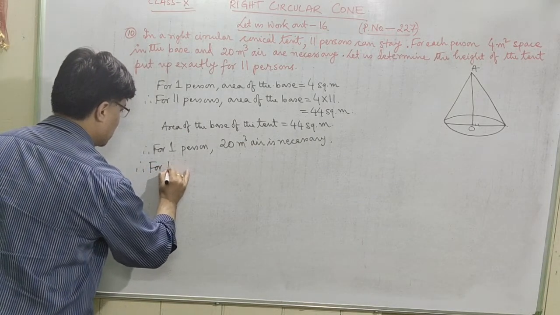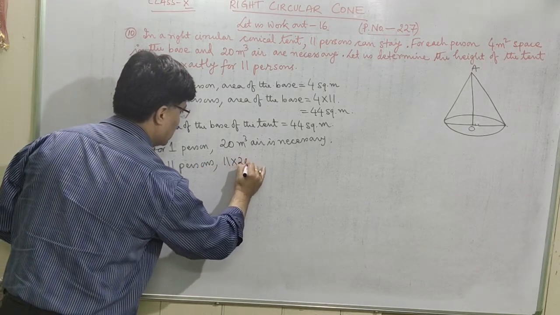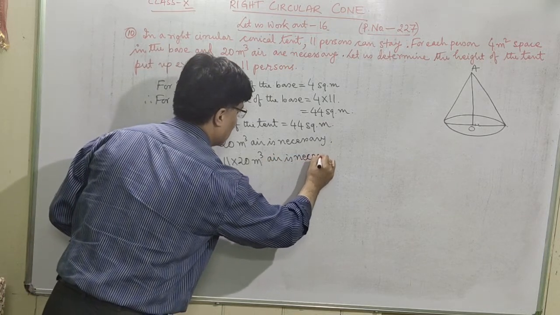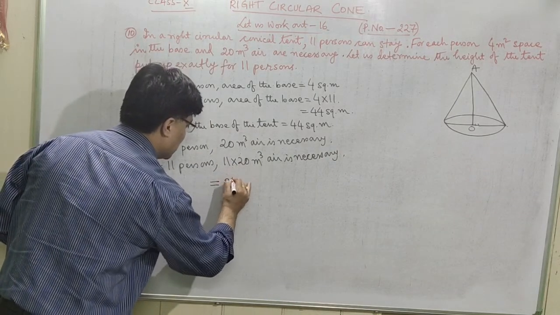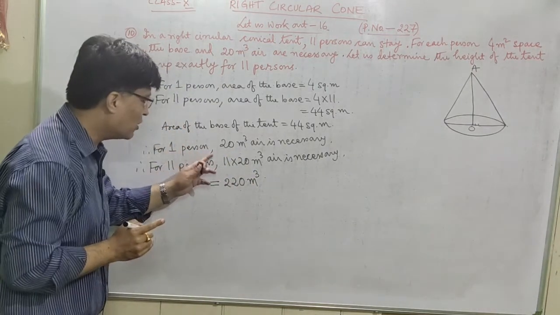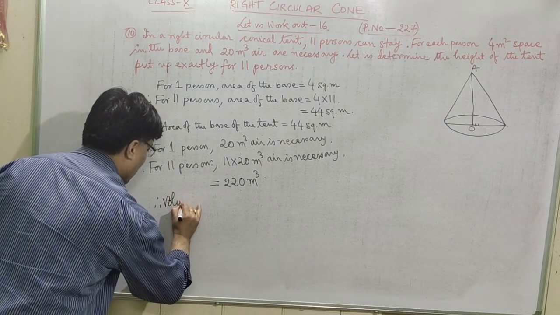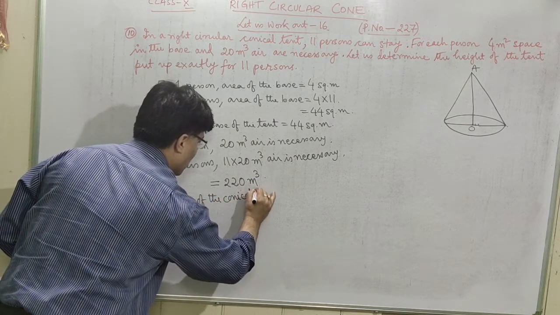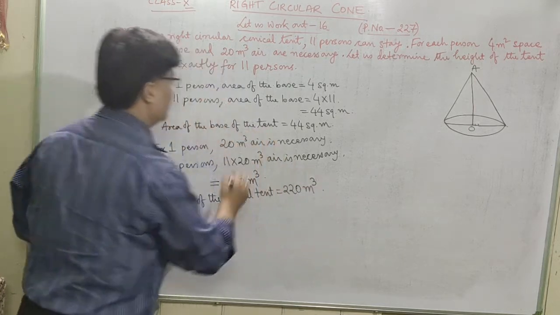So for 11 persons, 11 into 20 meter cube air is necessary, right? Which is equal to 11 into 20, 11 2s are 22, 0, so 220 meter cube. That means, what is the volume of the conical tent? It is 220 meter cube. Therefore, volume of the conical tent is equal to 220 meter cube.